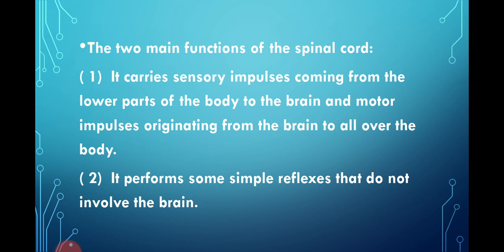Simple reflexes involve a sensory nerve, a motor nerve and the association neurons of the gray matter of the spinal cord. Damage to the nerves of the spinal cord can result in paralysis of the legs or trunk, depending on how high up on the spinal cord the damage is.